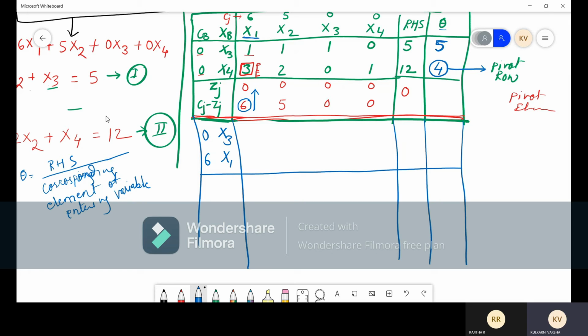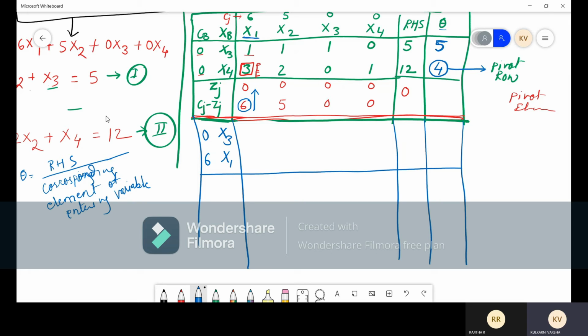So now when we go for the next iteration, first we always have to find out for the new variable. See, x3 is the old variable, it was there in the previous iteration and this iteration. So x1 is newly entered, so we'll find out for x1. How will we find out for x1? Pivot row divided by pivot element. So this is our pivot row divided by this pivot element.